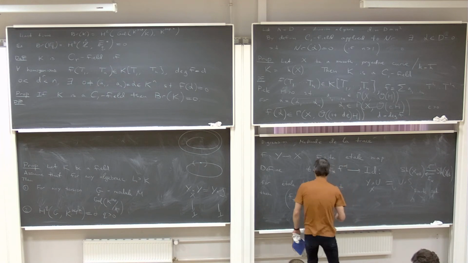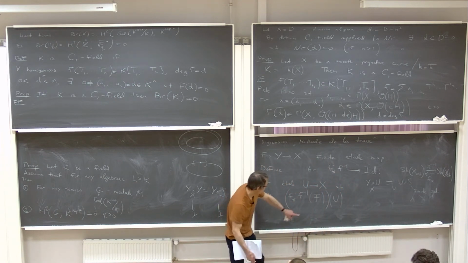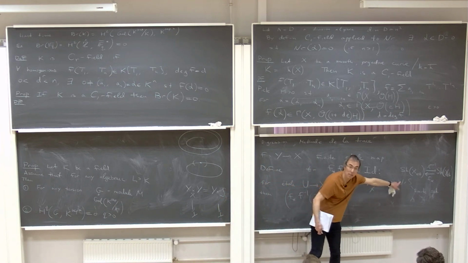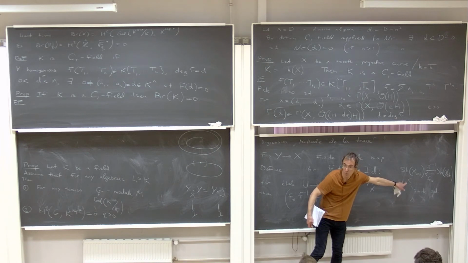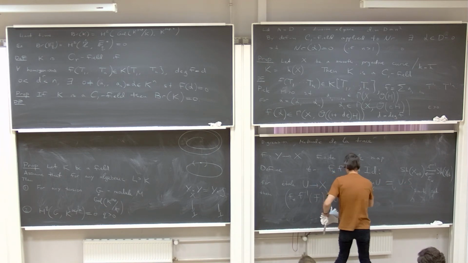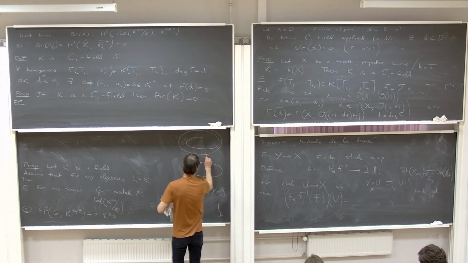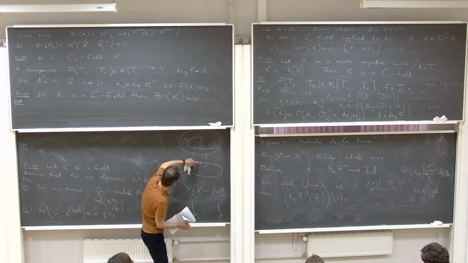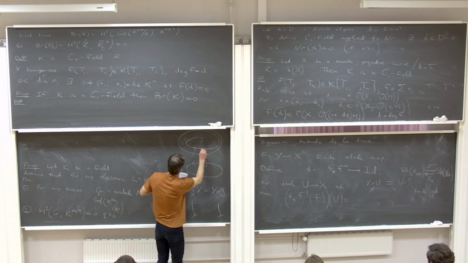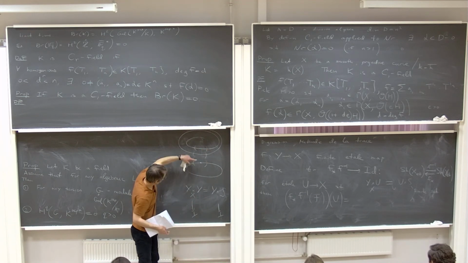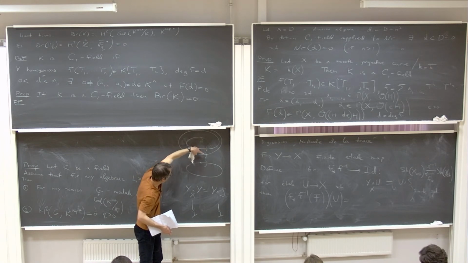Over u, my cover splits into the disjoint union of copies of U. So you take a sheaf here, you pull it back, and then you take global sections on the preimage.